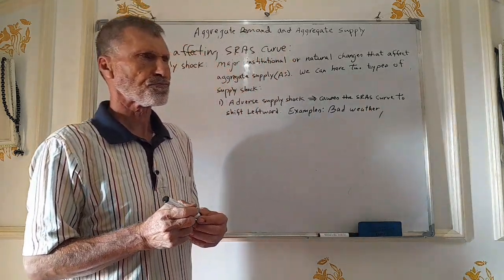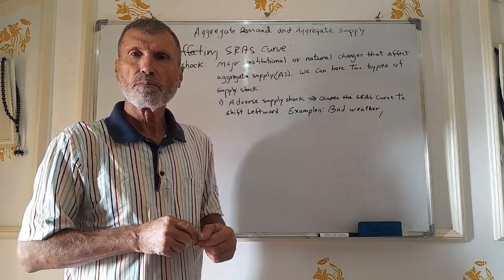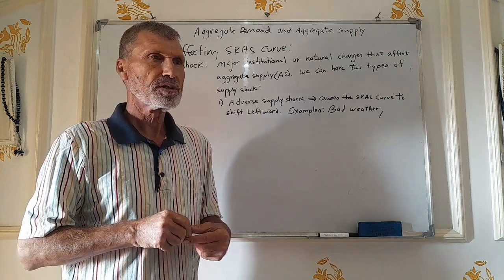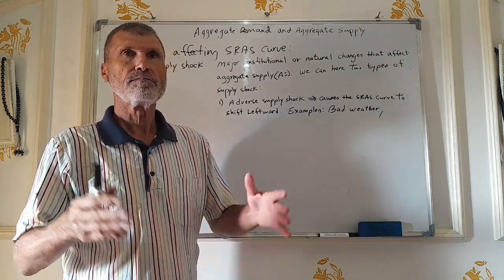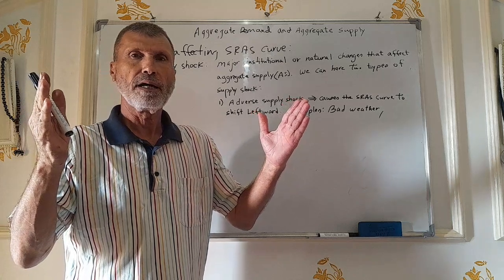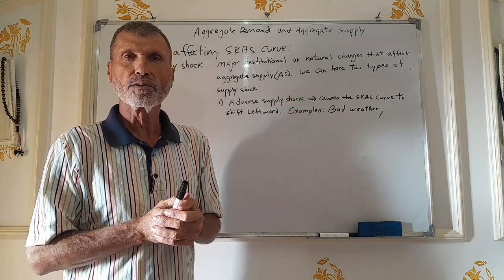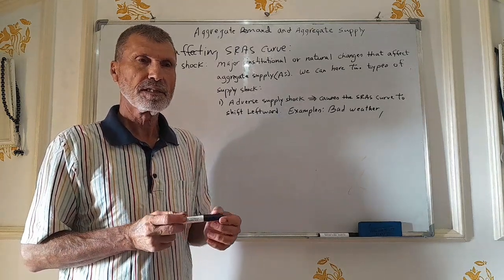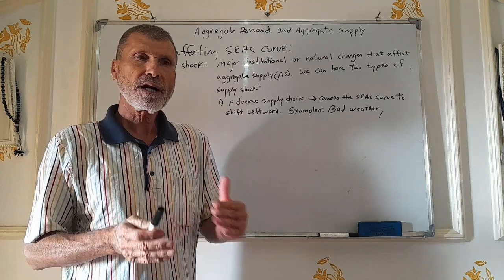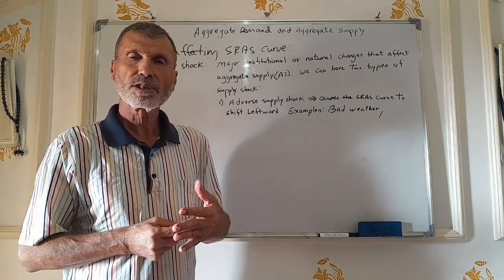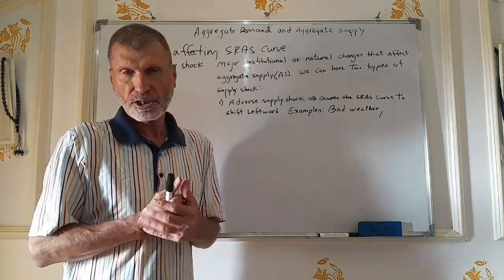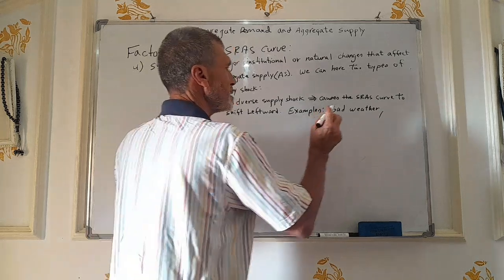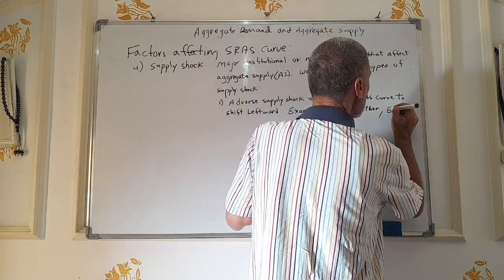Another example is, for instance, an embargo imposed on the country by other countries. Let's say, for instance, the U.S. imposes an economic embargo on Lebanon. This implies a reduction in any type of import from outside, and that will cause less production, which implies the short-run supply will shift to the left.